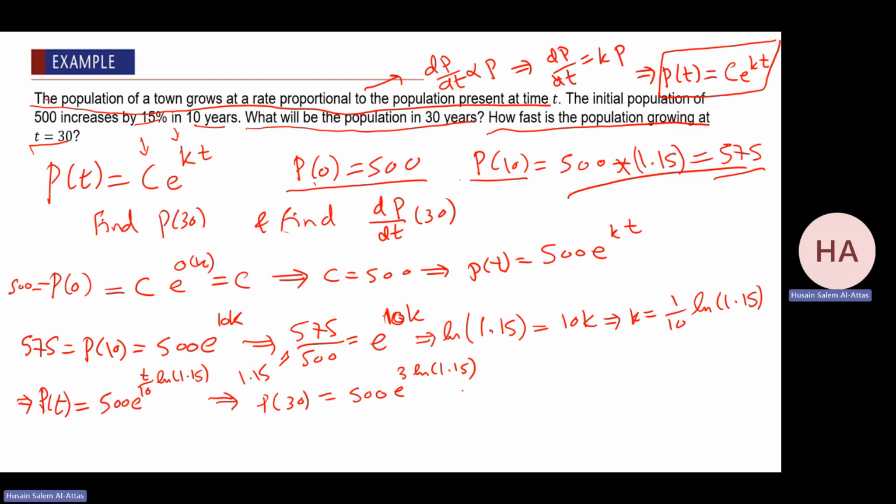The ln will be gone, leaving 500 times 1.15 cubed. If we do the calculation, that is approximately 760.